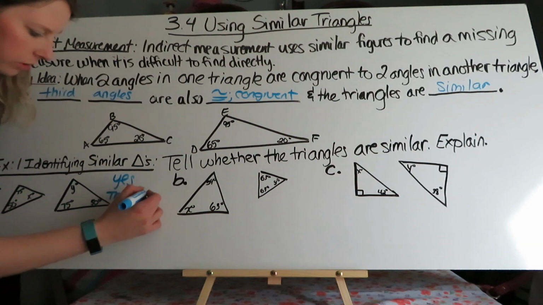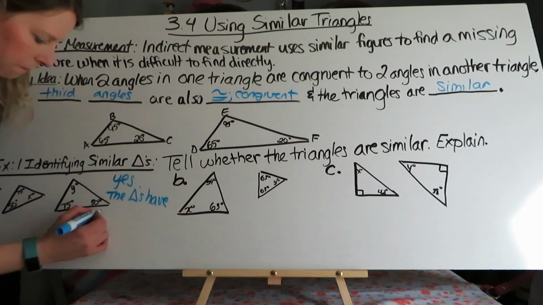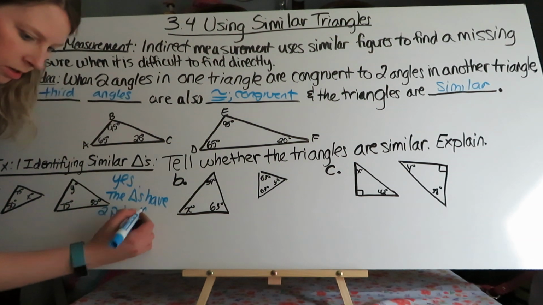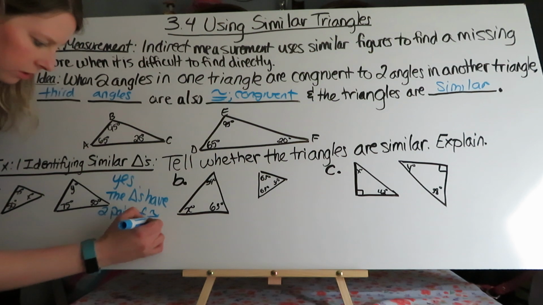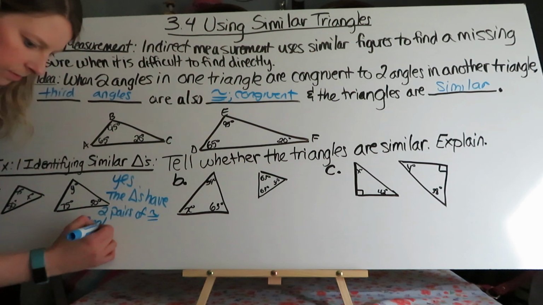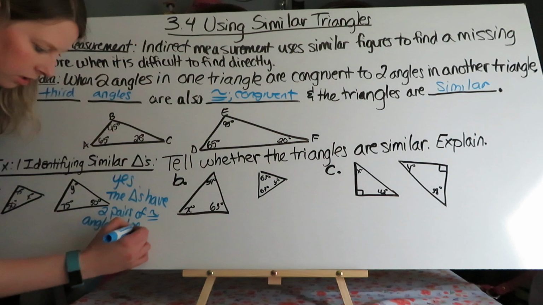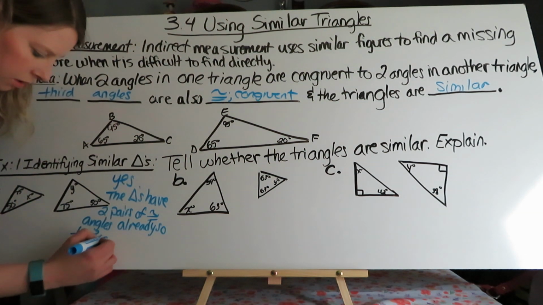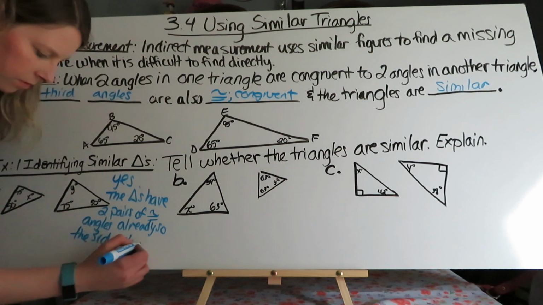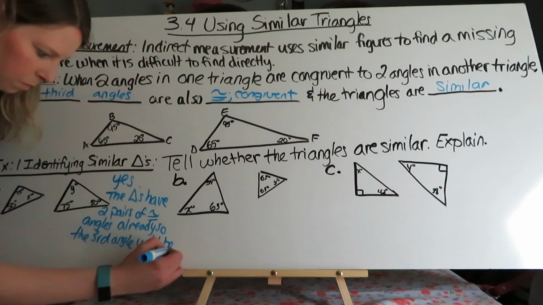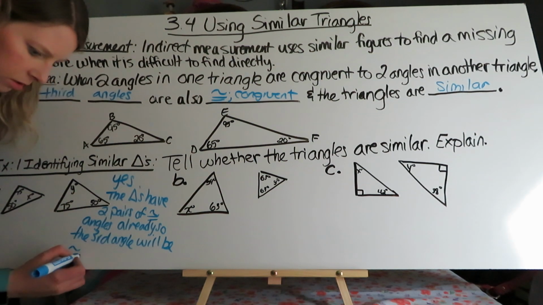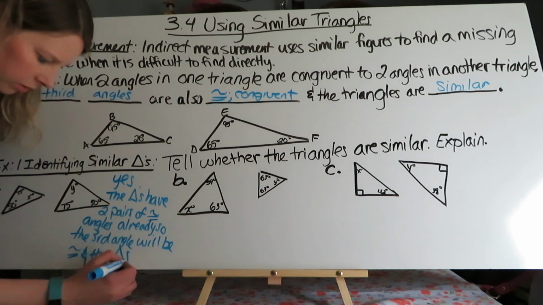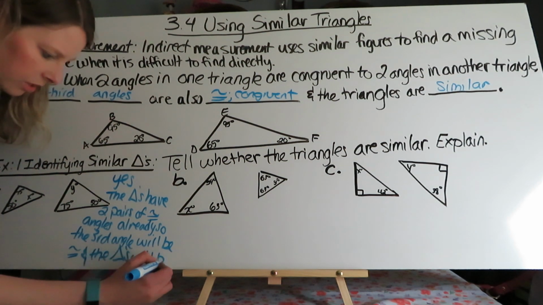The triangles have two pairs of congruent angles already, so the third angle will be congruent and the triangles will be similar.